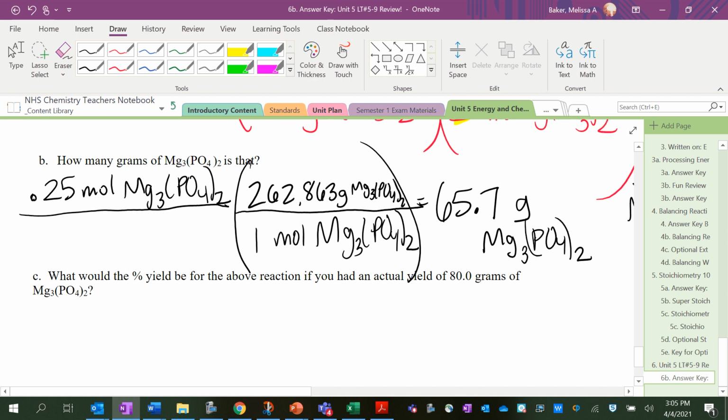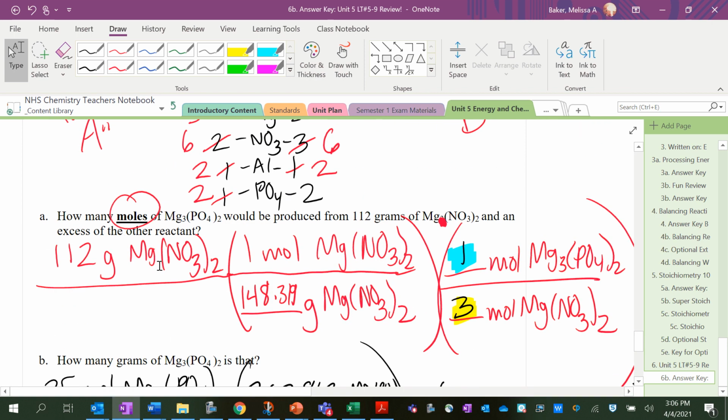Mg3PO42. What would the percent yield for the above reaction be if you had an actual yield of this? Oh, what the heck? Your actual yield should not be higher. 0.25. Okay, that seems right. Hang on, I'm questioning if something went wrong somewhere. MgNO32.